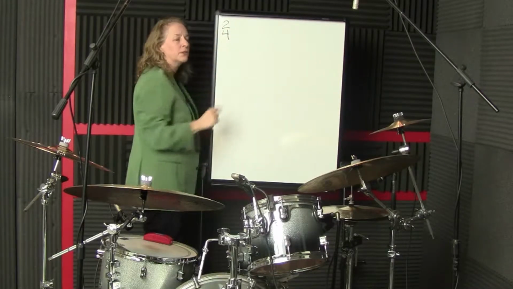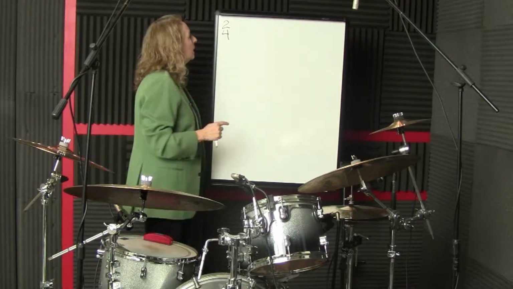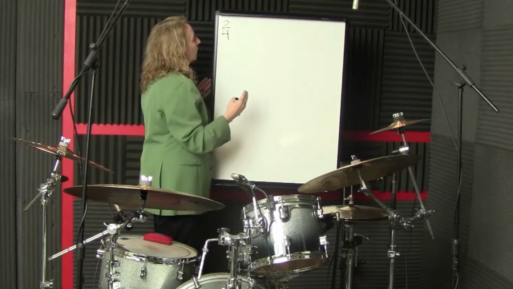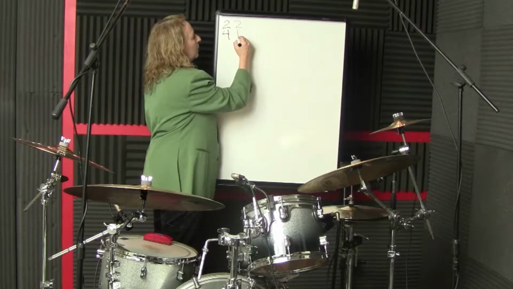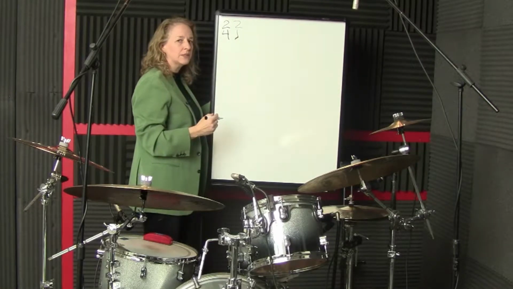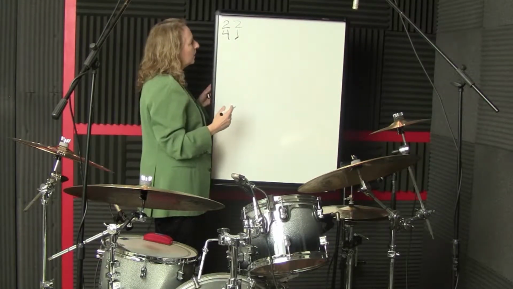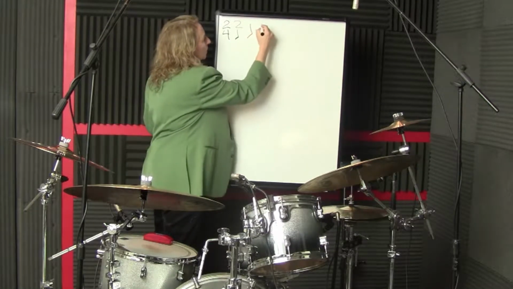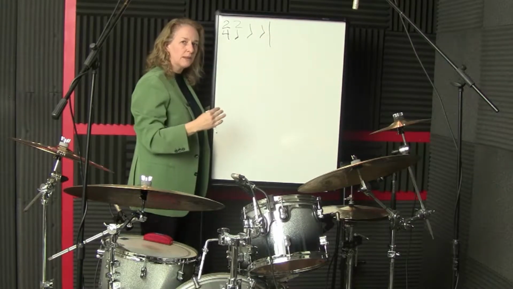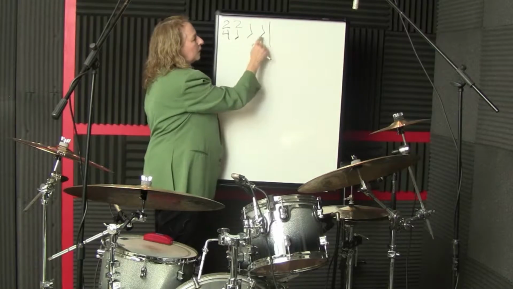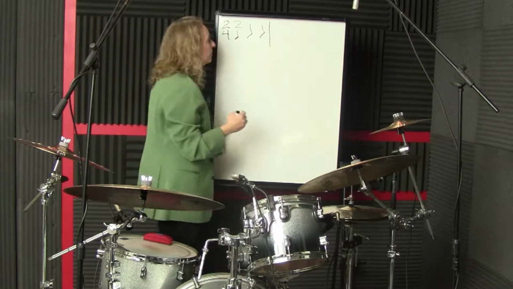So the top number says how many of those notes. When you look at this, it's as if you were looking at 2 over a quarter note. It's really that simple. So you need 2 quarter notes to complete a bar or a measure, which are the same thing, of 2 over 4.